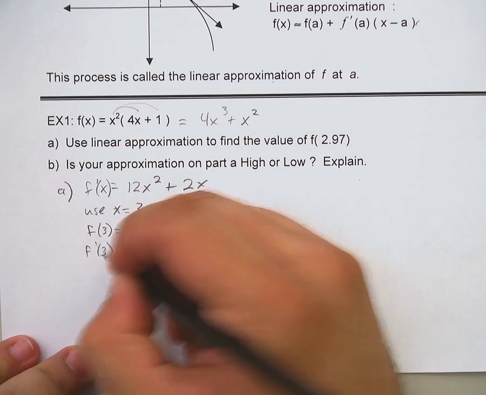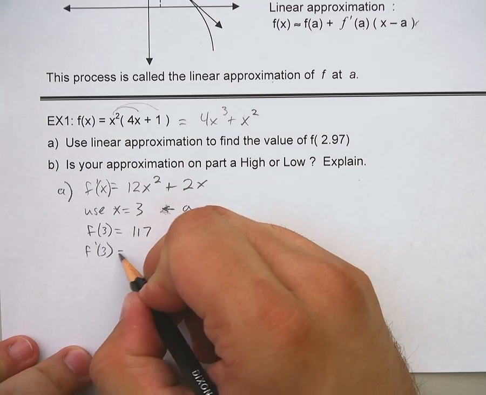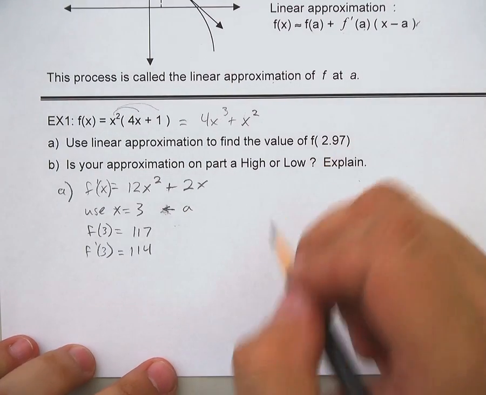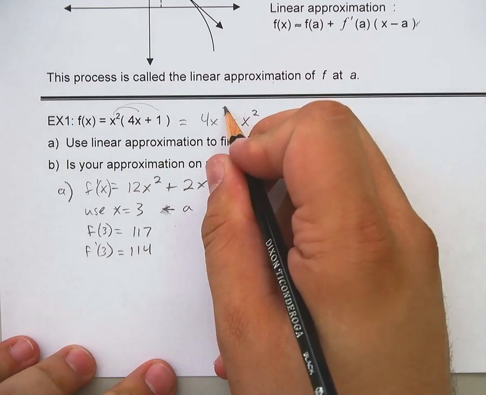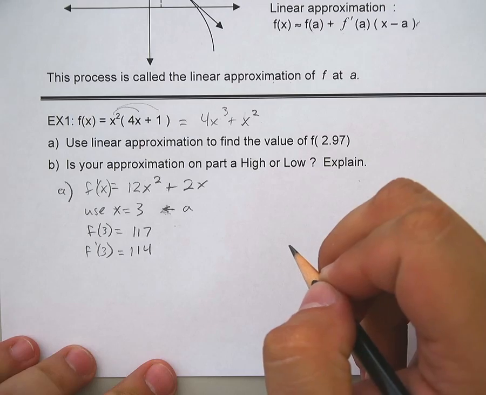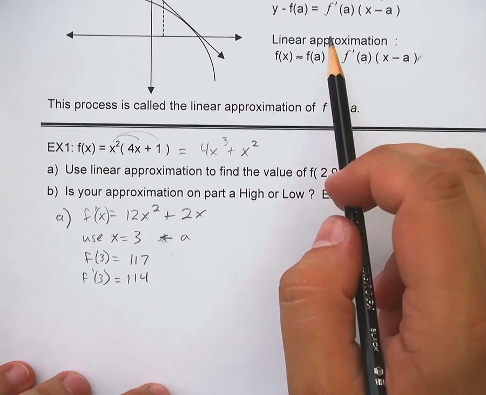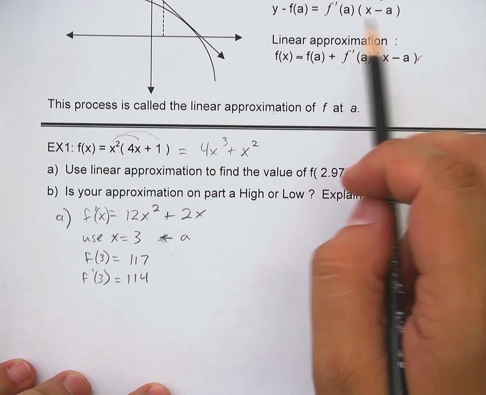F prime of 3, I'm going to need f prime of a, I'm going to need my slope, is 114. Doing the same way. Oh wait, I'm sorry, this is 114. Plugging it up here is 117, I'm sorry. Alright? So to set up my original equation of my tangent line from up here, I've got y minus f of a is equal to f prime of a times x minus a.